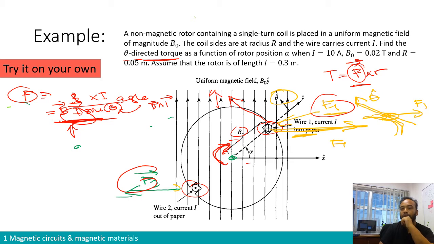To project on axis theta, we have the angle alpha over here. If we prolong the direction theta and draw a perpendicular line on this side, we also have the angle alpha over here.